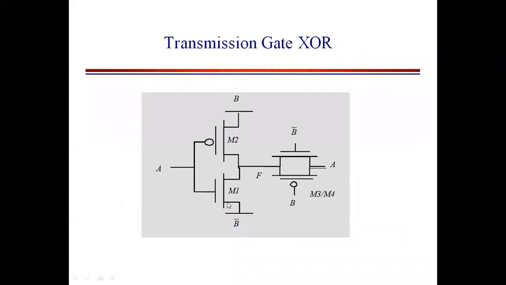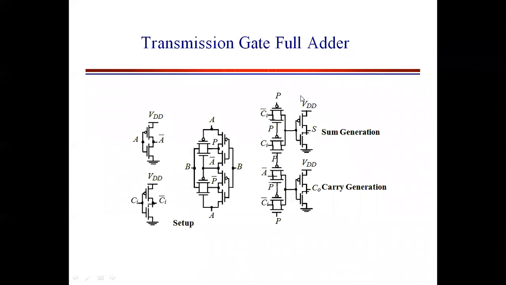Okay, this is the design of XOR gate. XOR gate using transmission gates, you can say here. This is a XOR gate transmission. This is transmission gate full adder. It is P, it is CI bar, CI. Here it is CI bar.